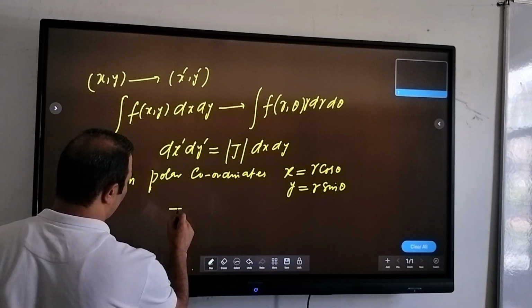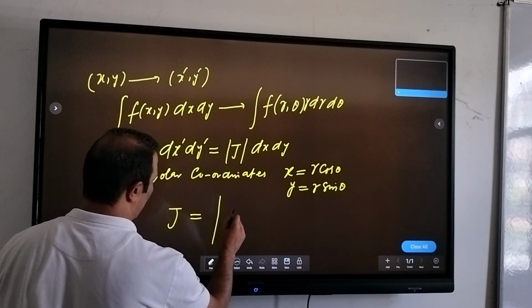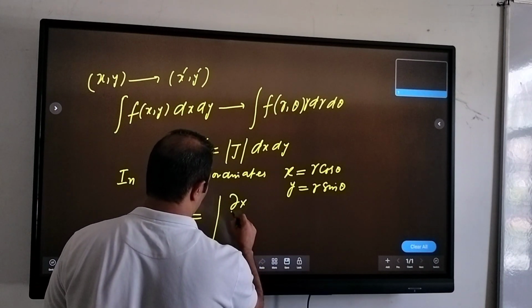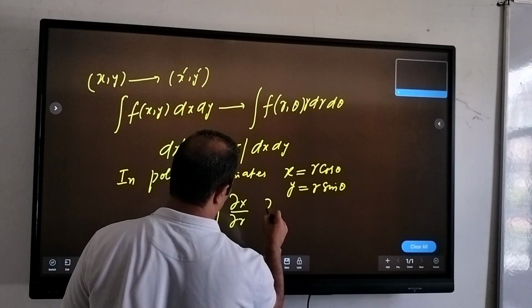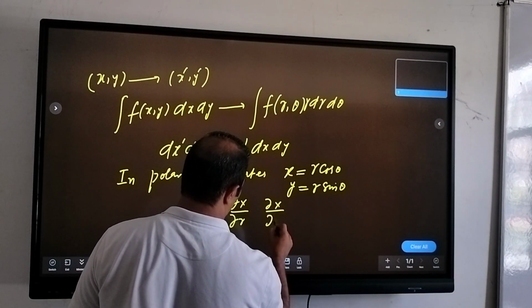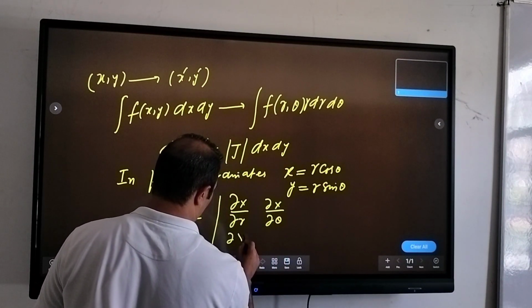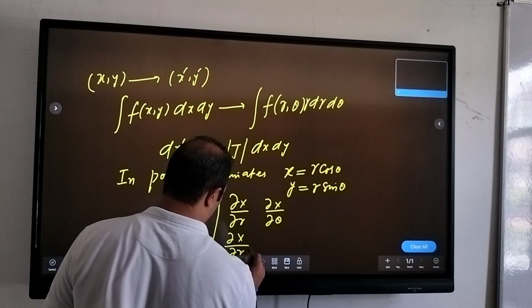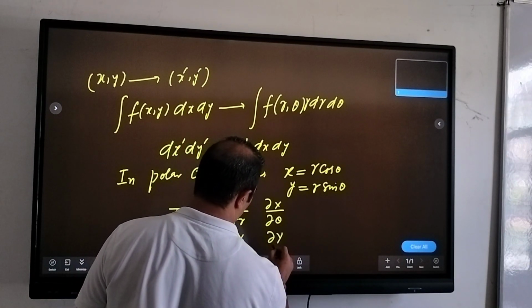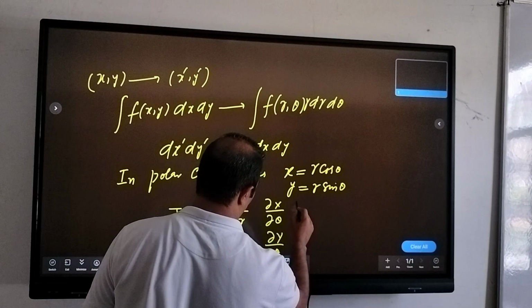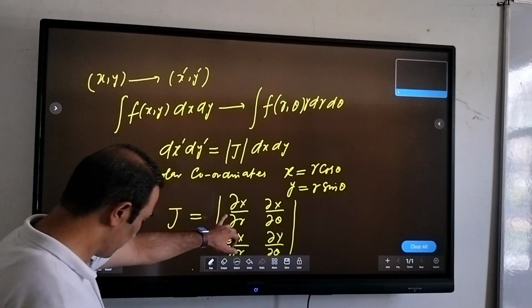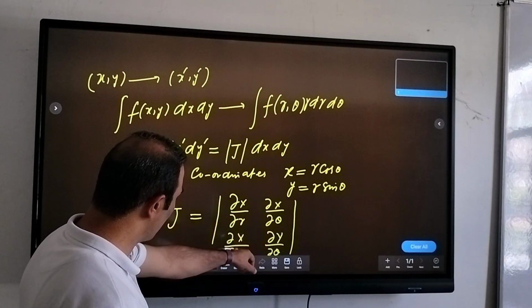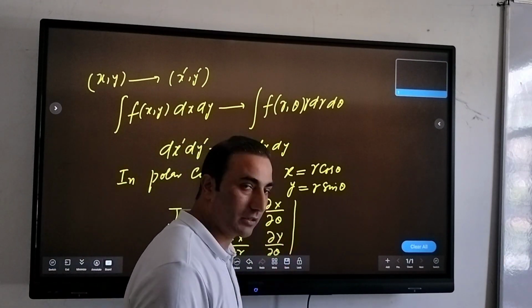So the Jacobian for this will be equal to partial x by partial r, partial x by partial theta, partial y by partial r, and partial y by partial theta.